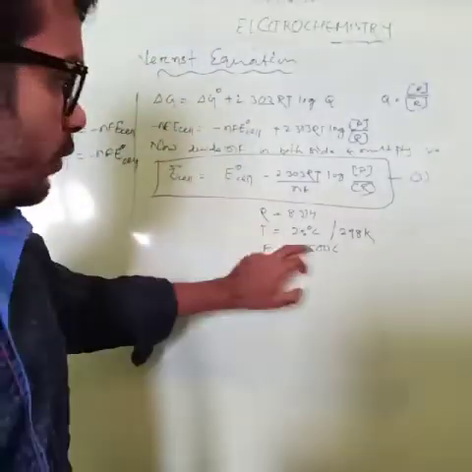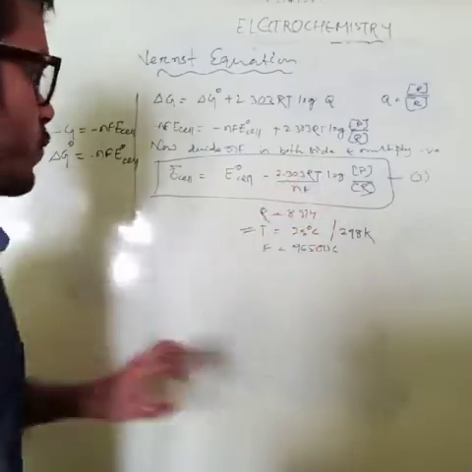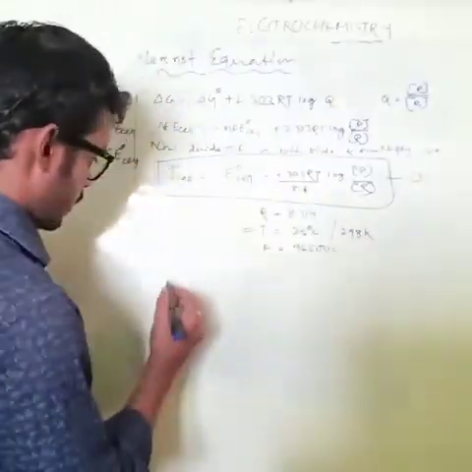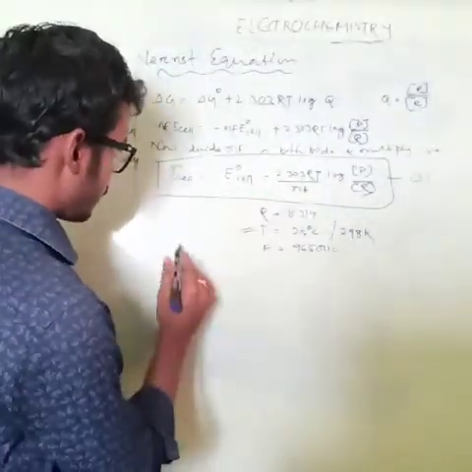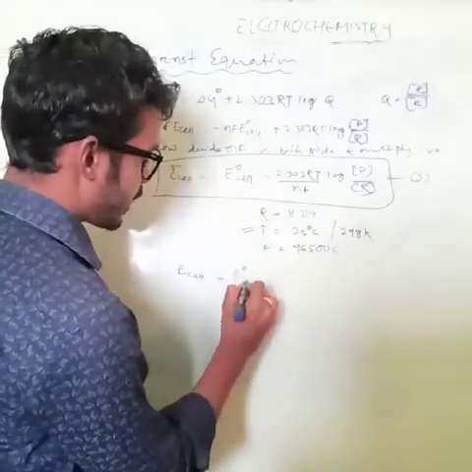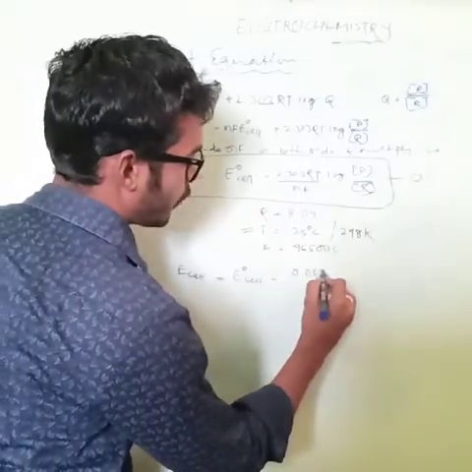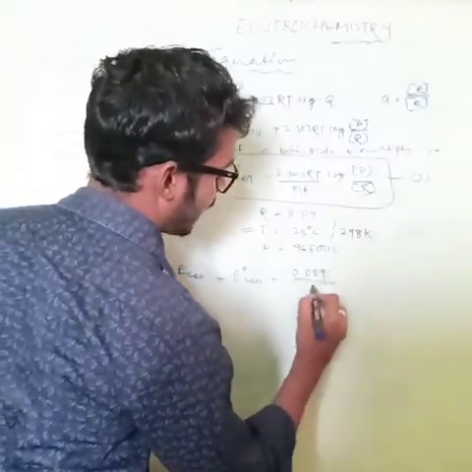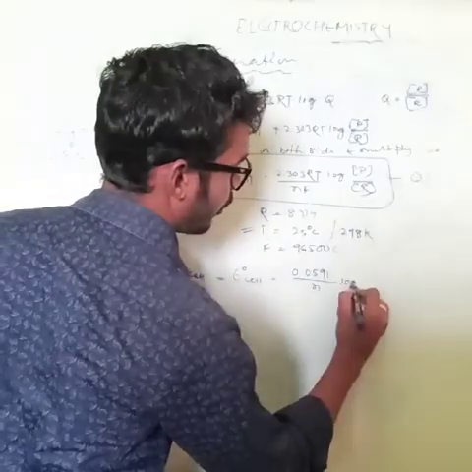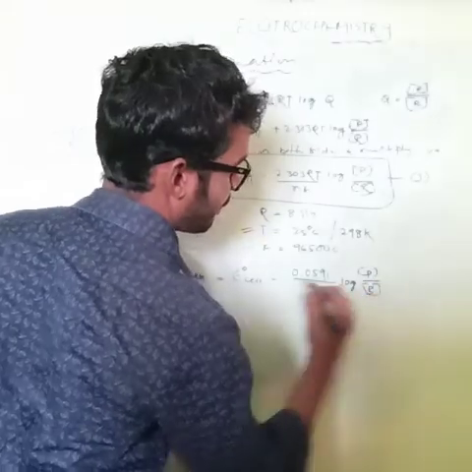Suppose the temperature is given as this, then there is one simple formula: E cell equals E naught cell minus 0.0591 by n log product by reactant concentration.